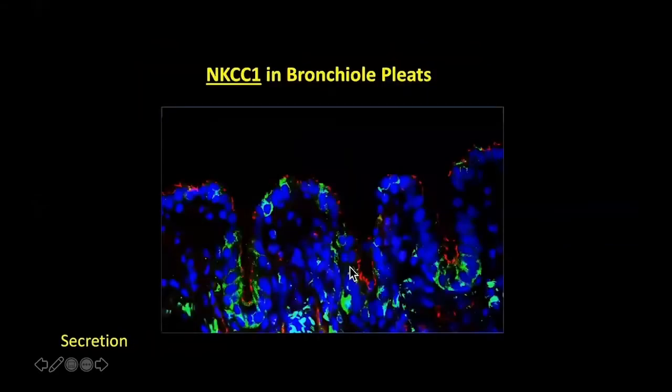And then if we look at NKCC to indicate secretion, in contrast to the localization of ENaC, NKCC is associated with secretory cells, and we find it localized here in the base of the pleats of the villi to support secretion.